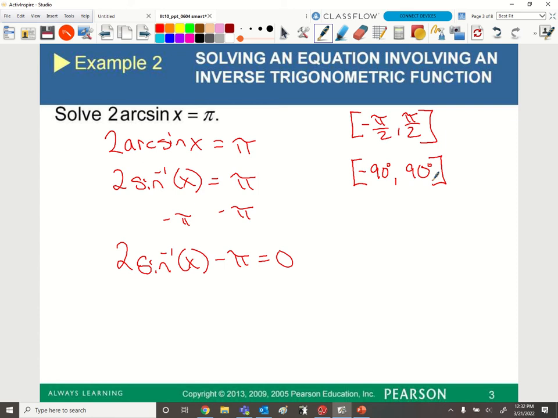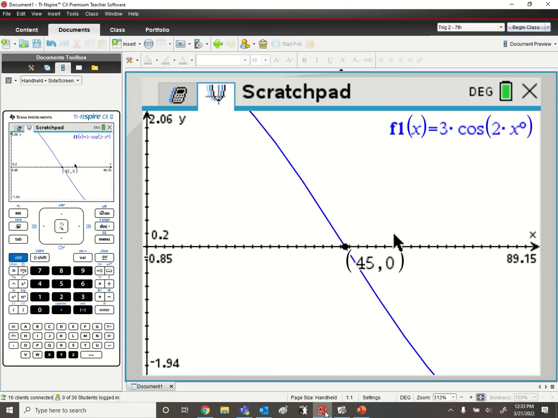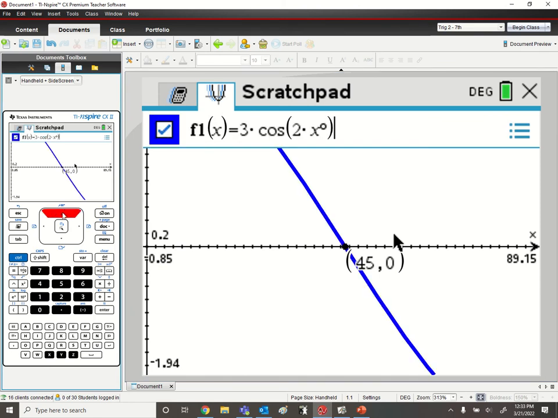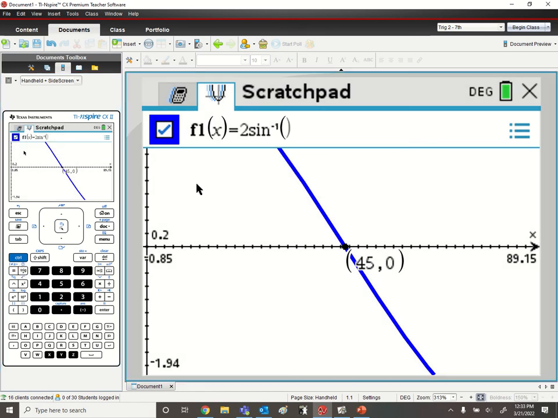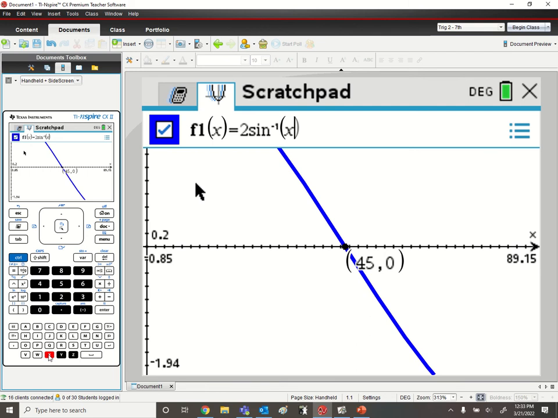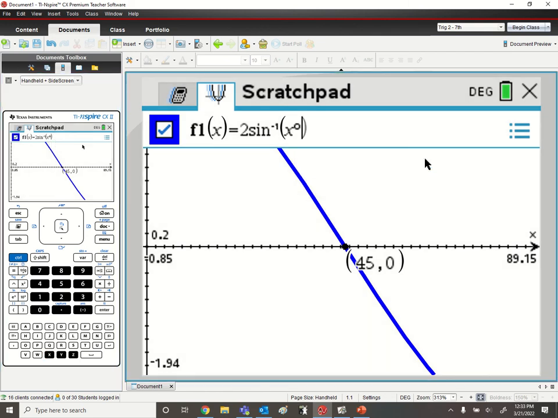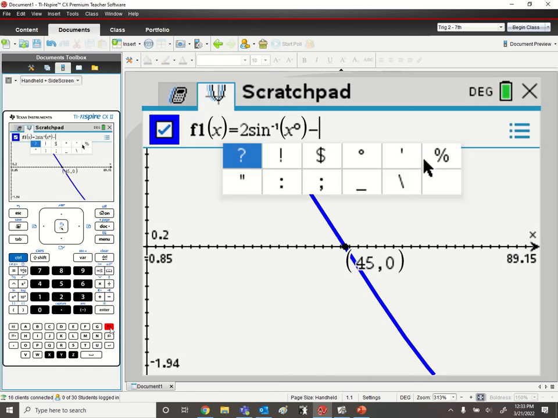Let's go ahead and enter this in the calculator. 2. So I'm going to go tab, up, clear that out. 2 in arc sine or inverse sine of x degrees, close, minus pi.